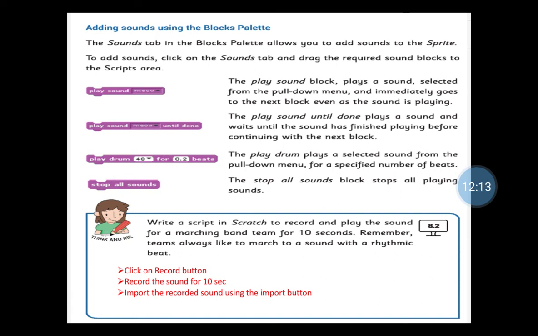Here you have to write the script for the marching band for 10 seconds. You have to write code. You have to record the sound for 10 seconds, and add it to the project.